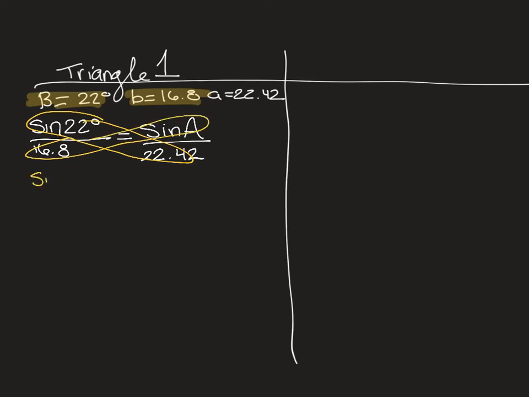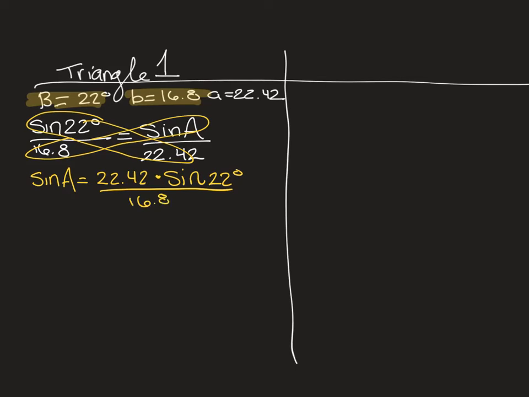So it would be sine A equals, you would multiply the 22.42 times the sine, hang on, let me erase that and fix that. It's supposed to be a multiplication. Times sine of 22 degrees, and then you would have divided all this by 16.8.